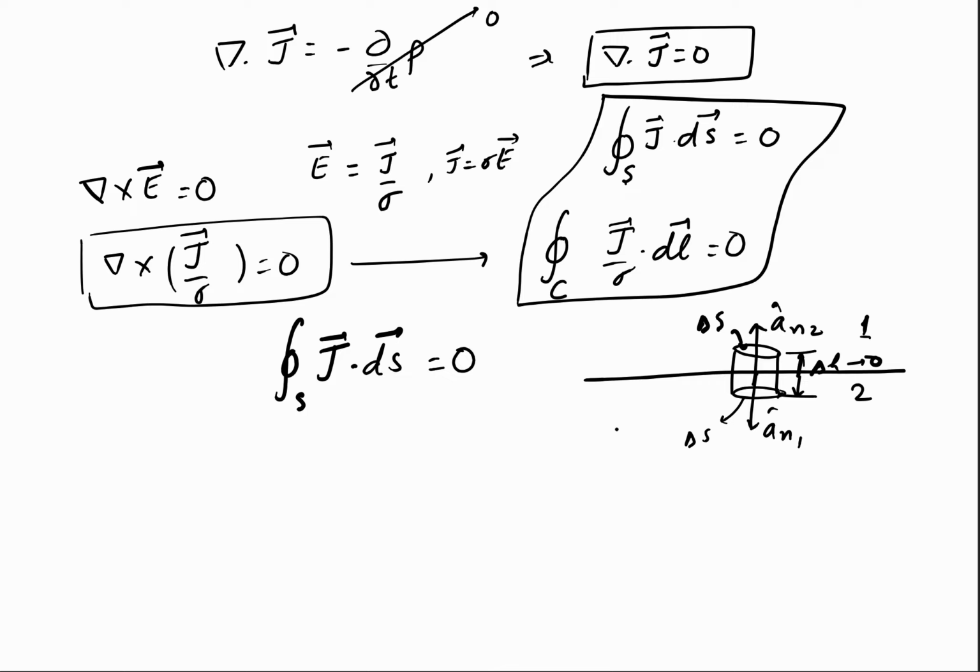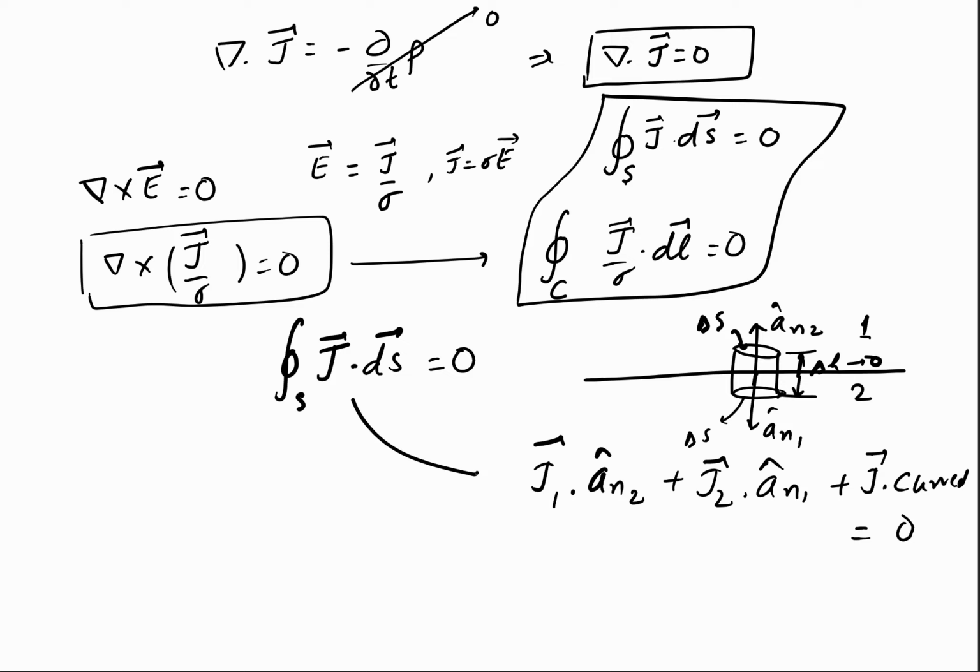So J1 dot a_n2 for the top surface plus J2 for the bottom surface dot a_n1 plus J on the curved surface is equal to 0 from this equation.